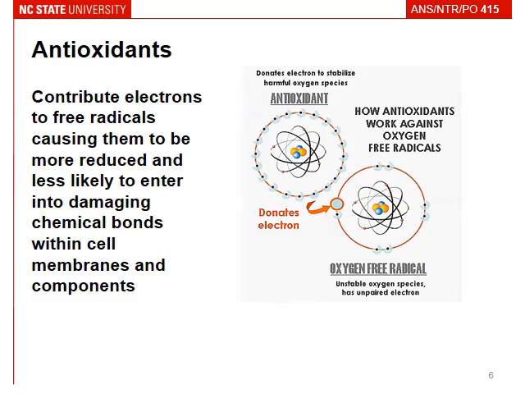Well, our antioxidant, as denoted in the picture on the right-hand side, you can see we have this very generic antioxidant, and it donates an electron to our free radical.